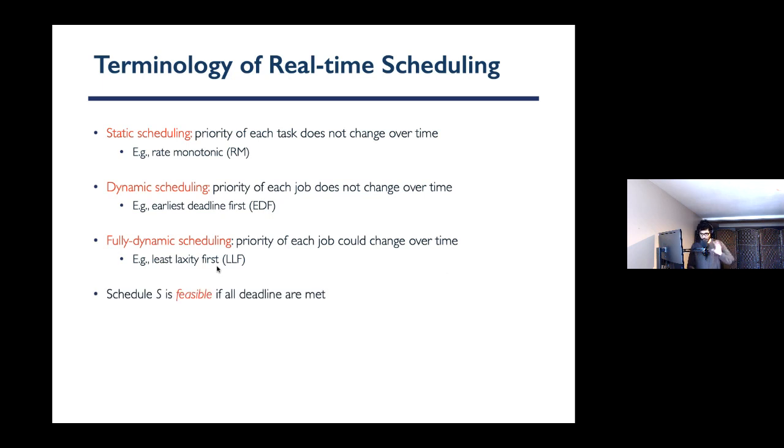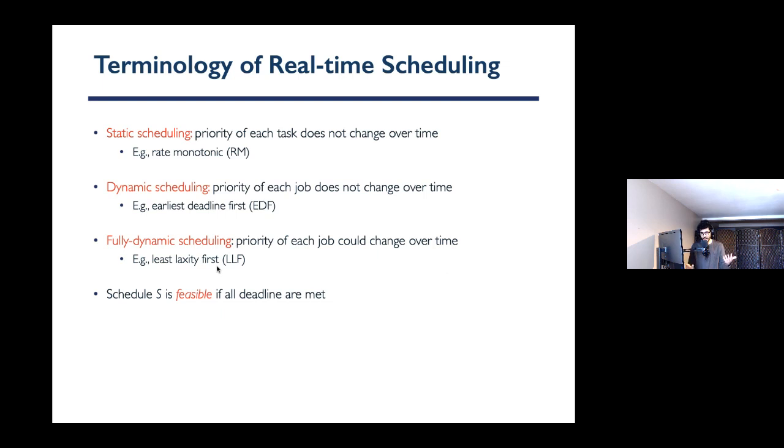Now, here's something that is going to get a little bit messy in terms of definitions. Let's talk about a schedule. If I give you a schedule of tasks, telling you to start this task at this time, start this task at this time, and so on and so forth, that schedule is feasible if all the tasks that I have in my system meet their deadlines.